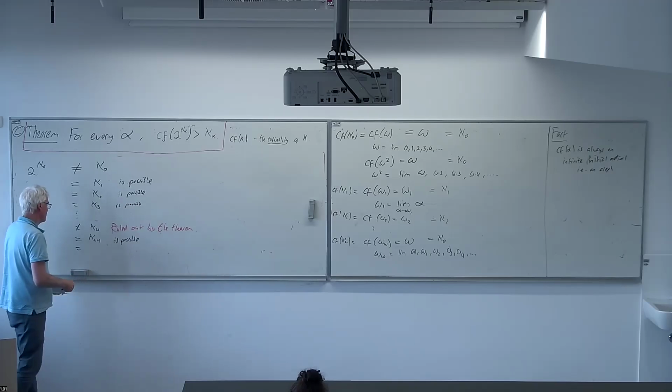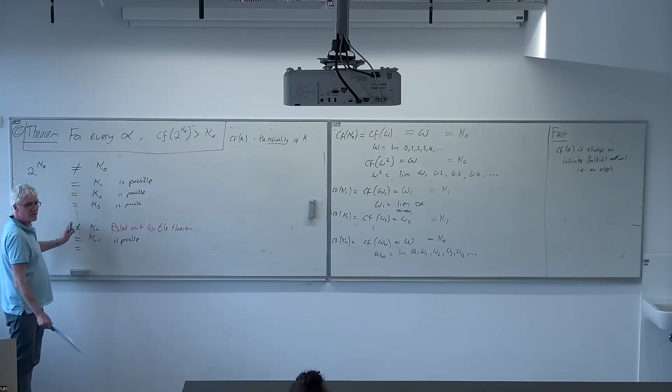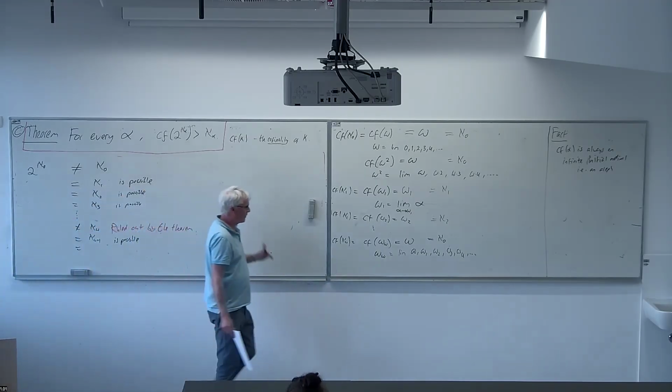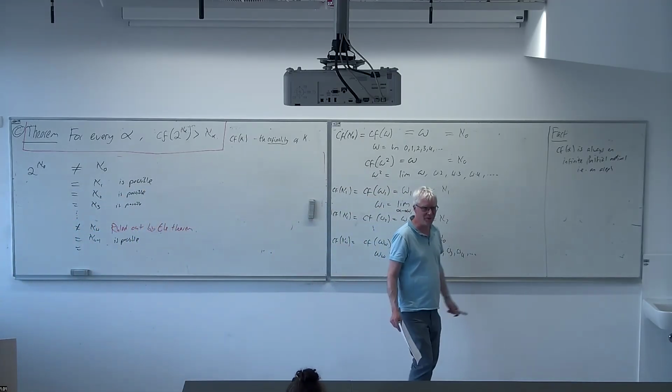And in fact, it can be arbitrarily large. It can be an arbitrarily high ordinal, just not any. It just can't be aleph alpha where alpha has cofinality aleph 0. And there are lots of cardinals that have cofinality aleph 0, many more than that.